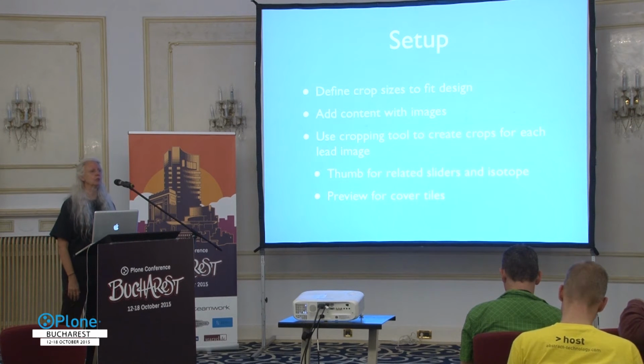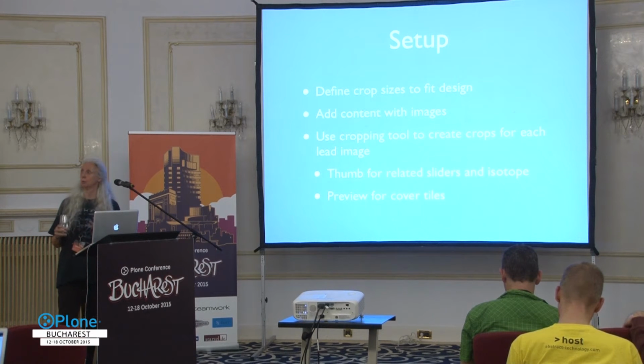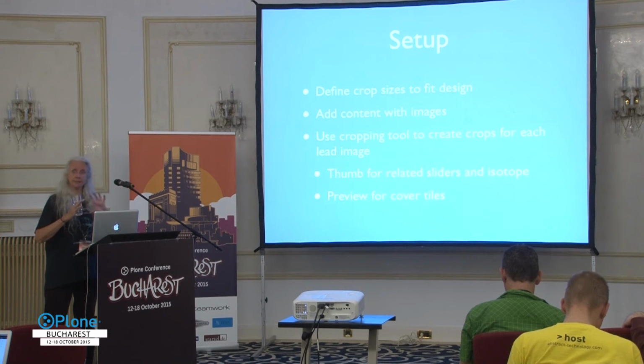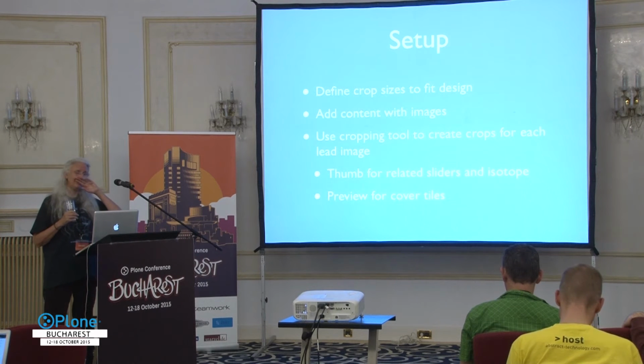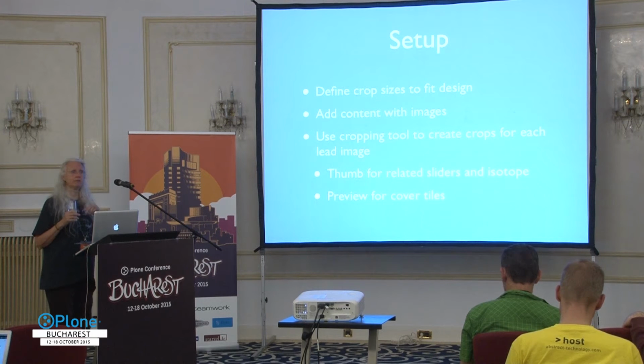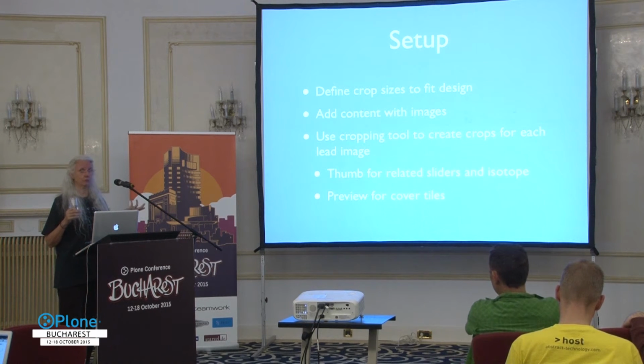There are some things I needed to do to set things up to be able to use these groovy new tools, mostly to do with these lead images that we've been talking about. The first thing, you need to define the crop sizes that you want to use to fit your design. For us, the related slider and the Isotope plugin used the thumb scale, so we defined that scale to fit the design that we were going for.